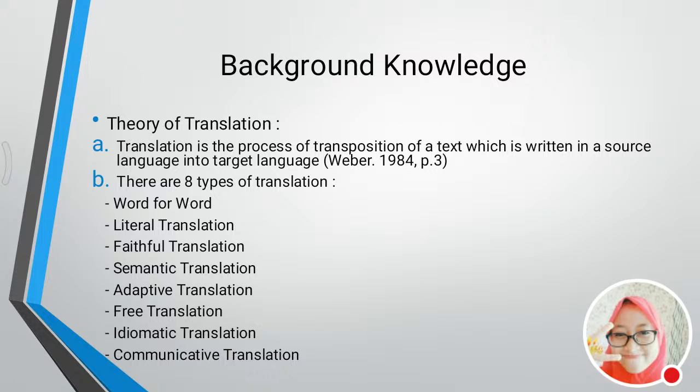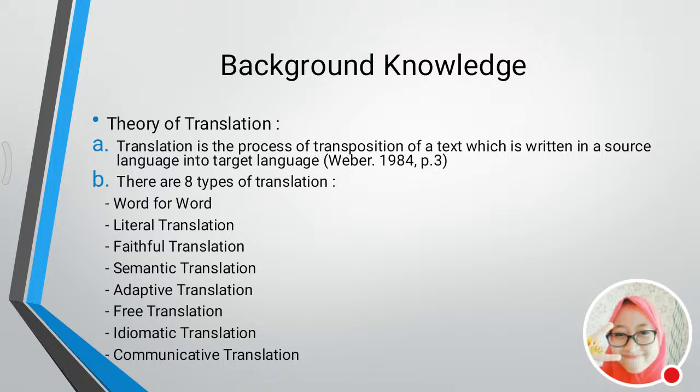Semantic translation tries to maintain the semantic and syntactic structure as well as the contextual meaning of the source text. Adaptive translation is the type of translation mainly used for plays and poetry.